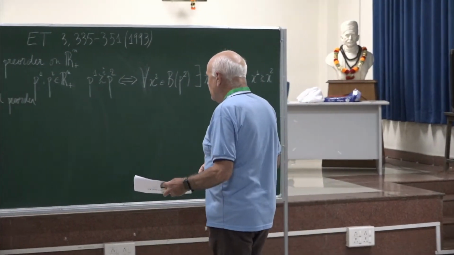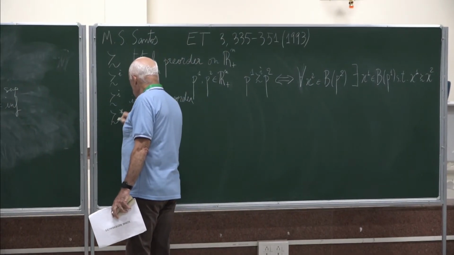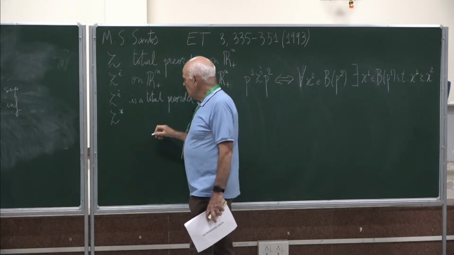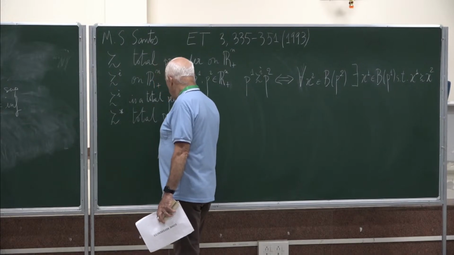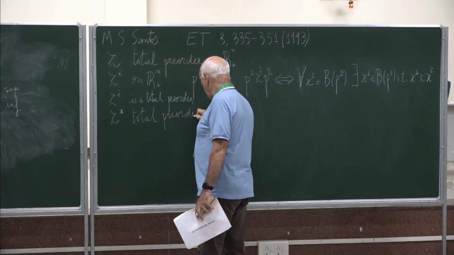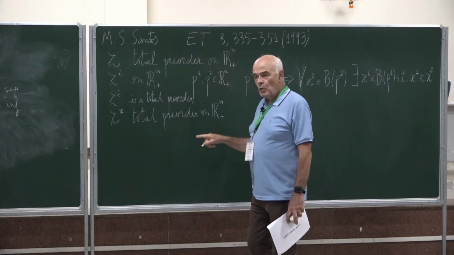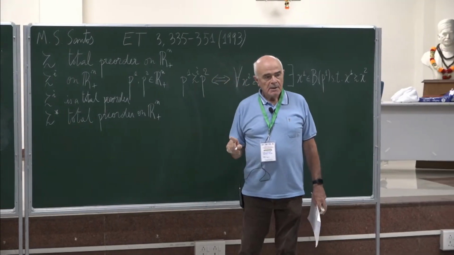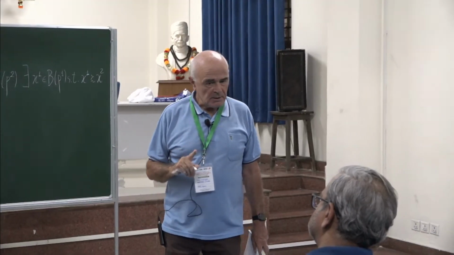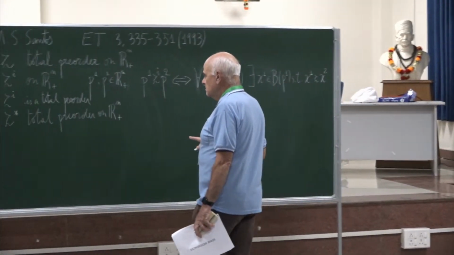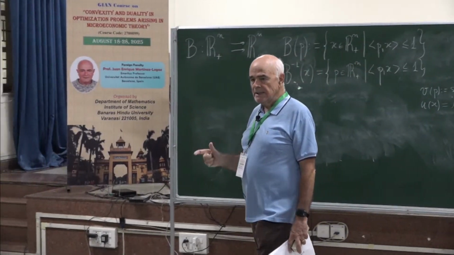So now let star be a total preorder on R plus n, now looking at R plus n as a set of price vectors, not as a set of commodity bundles. This is why I write this star, to make this distinction clear.